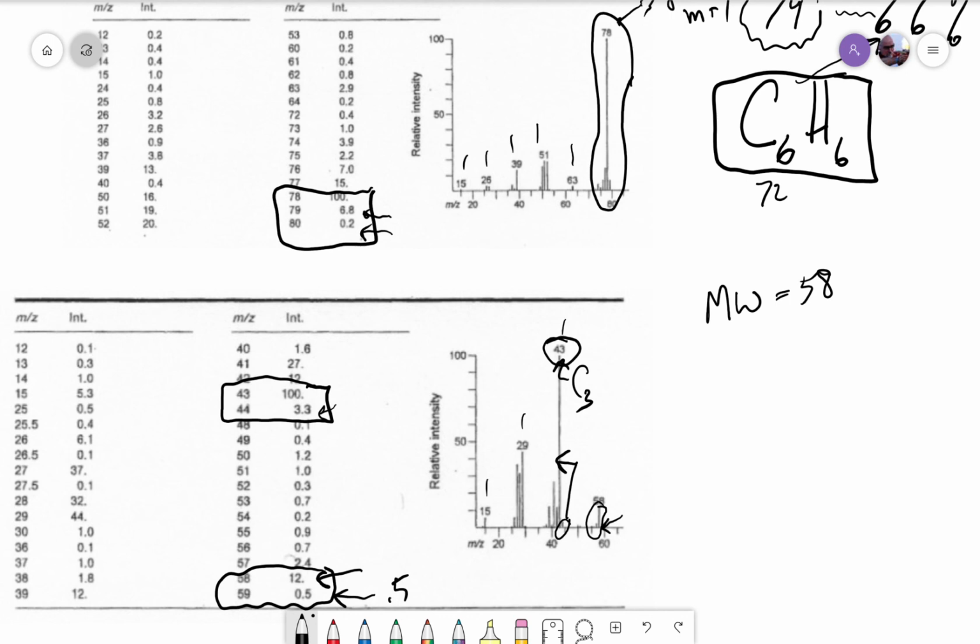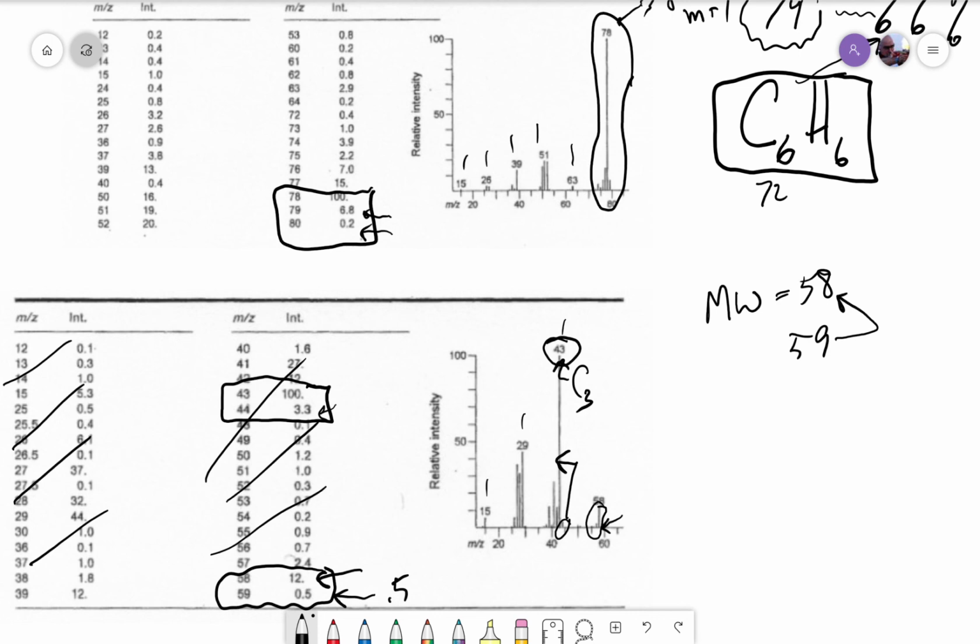So really, all of this information is just fragments. What we really want to know is how big is 59 compared to 58? What percentage is the C13 peak?